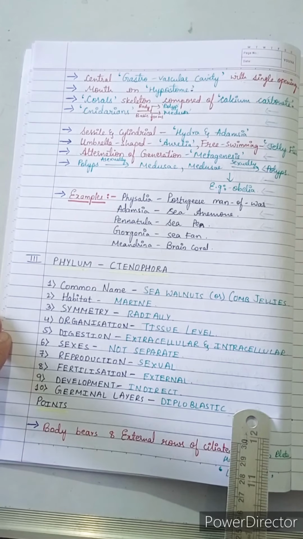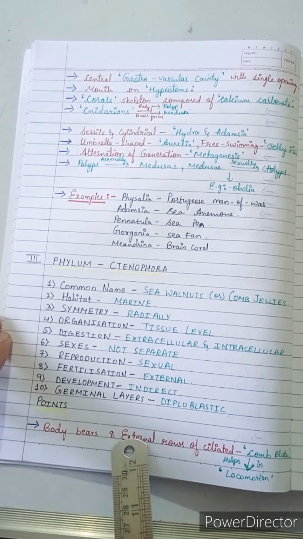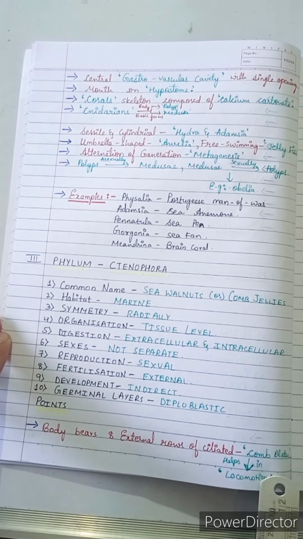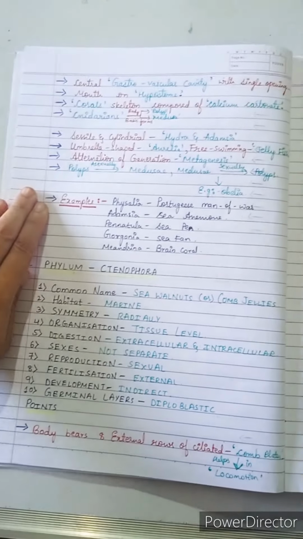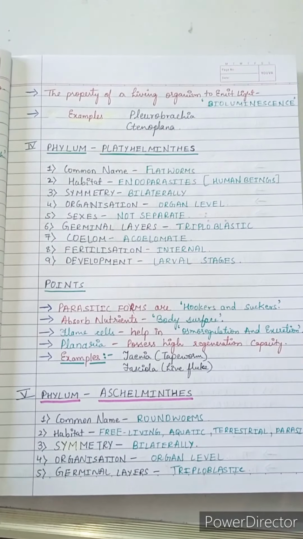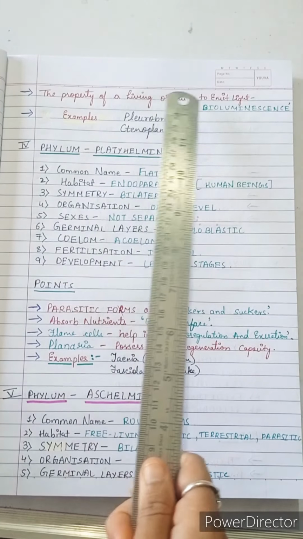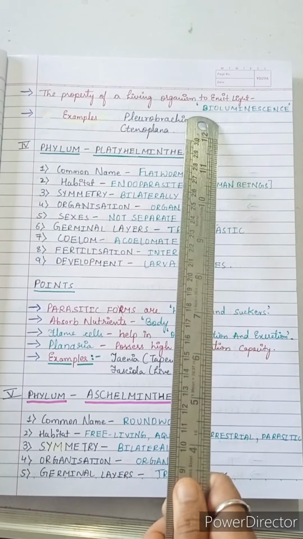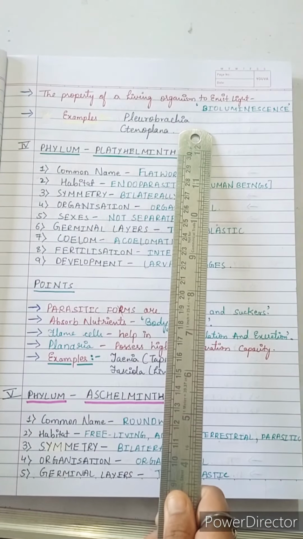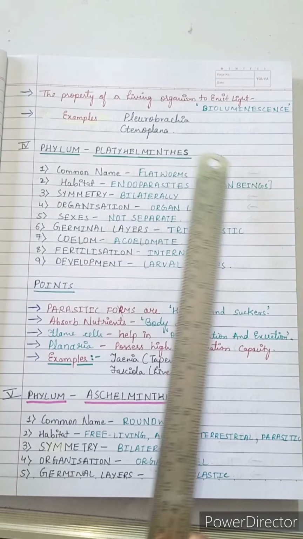Germinal layers: diploblastic. The body bears external rows of ciliated comb plates, which help in locomotion. The property of a living organism to emit light is known as bioluminescence. Examples: Pleurobrachia and Ctenoplana.